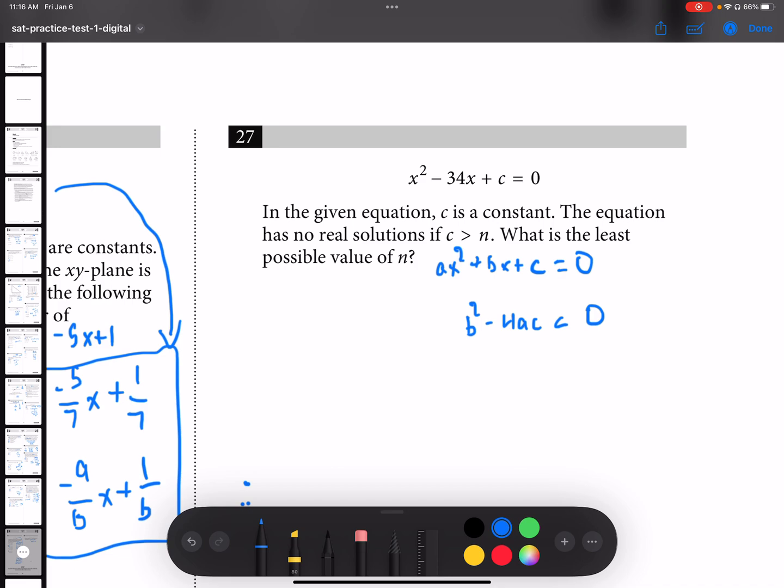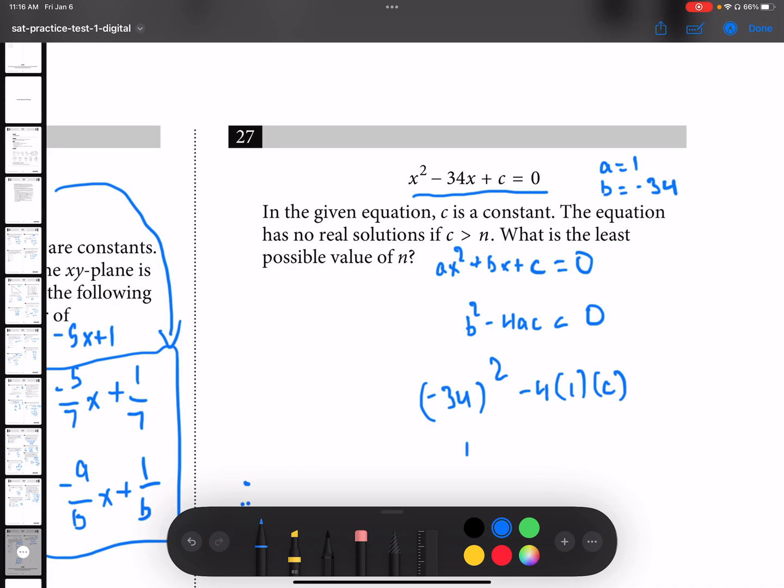So in the given equation, we have this equation equal to 0, and we have a is equal to 1, b is equal to negative 34. So we're going to put these values in: negative 34 squared minus 4 times 1 times c.